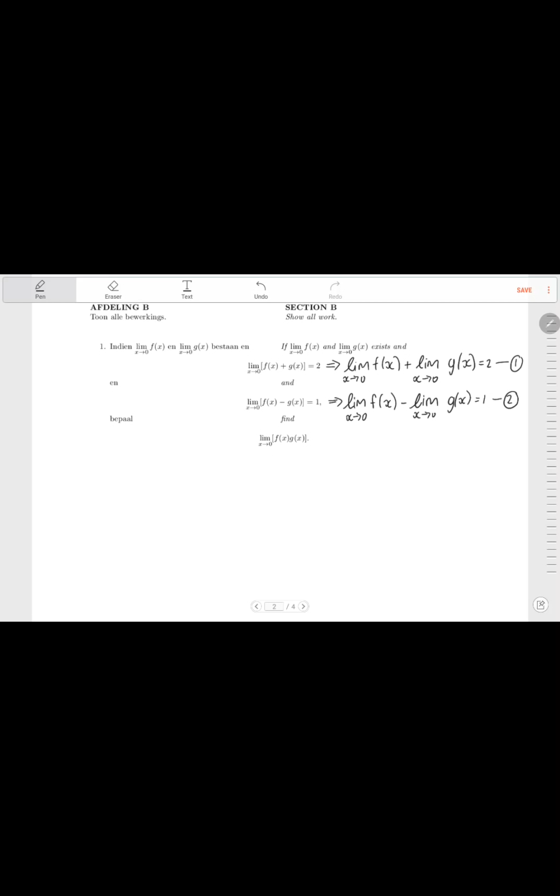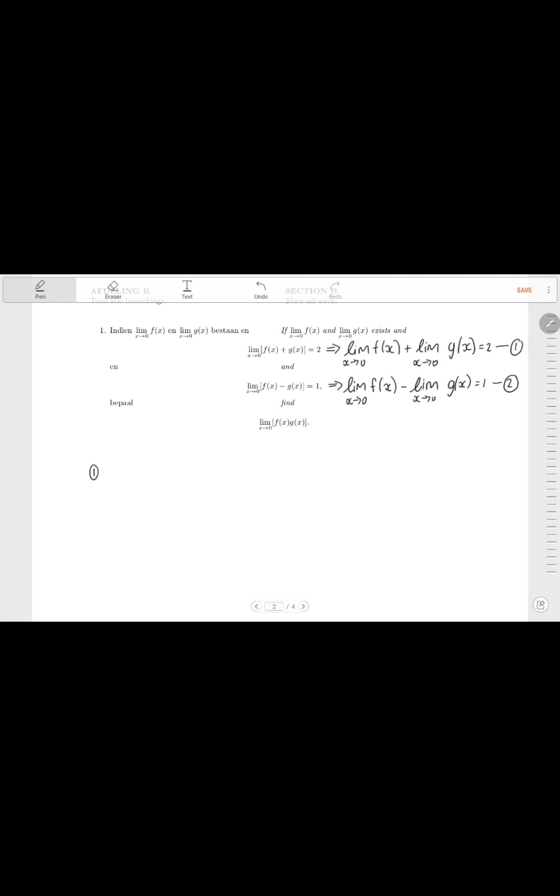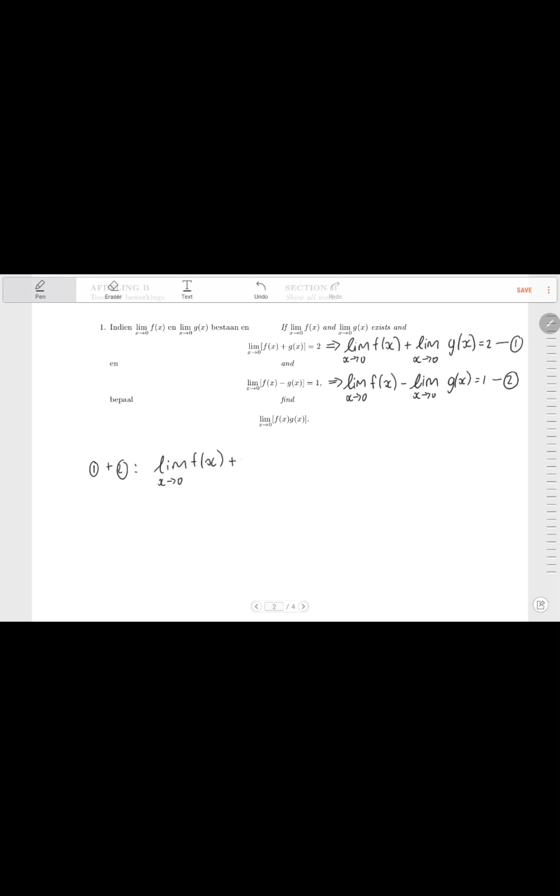So I'm going to add equations 1 and 2 together. So then I have the limit as x approaches 0 of f of x plus the limit as x approaches 0 of f of x equals 3, because these two terms are going to cancel.